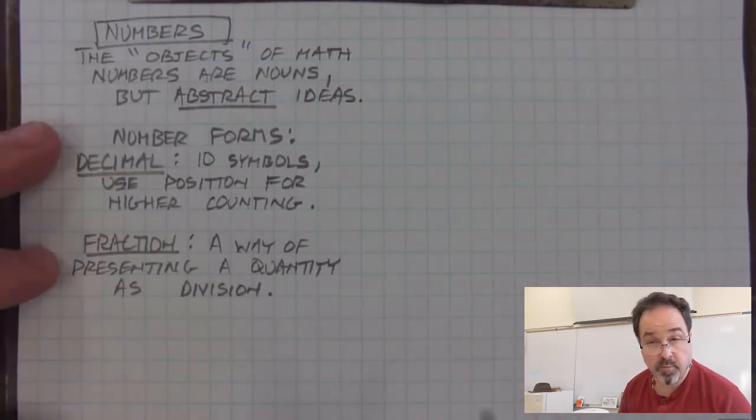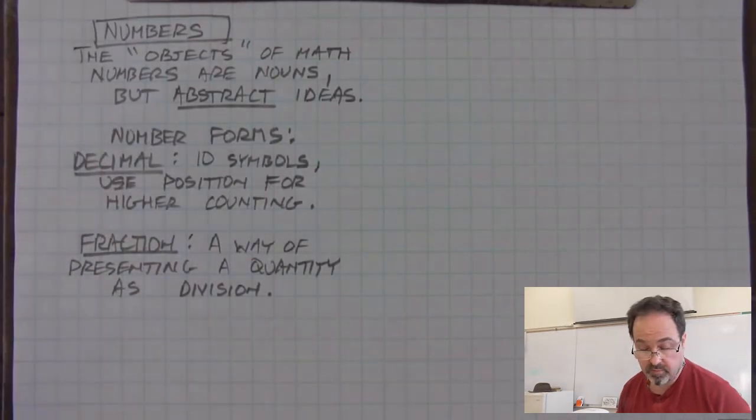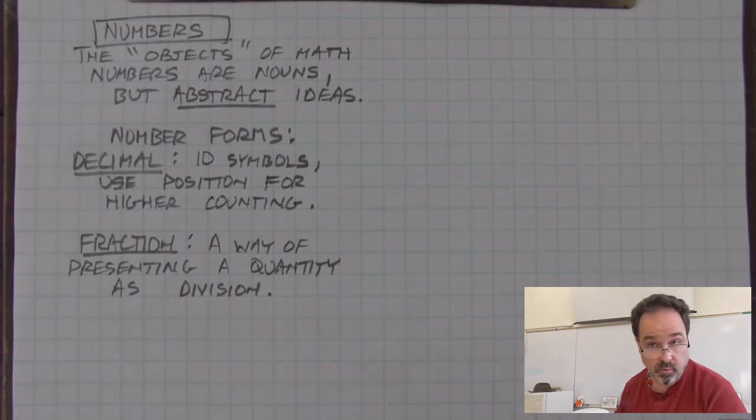These two are number forms because we can express a quantity in decimal, we can change it to a fraction form, or we can have a fraction and change it into a decimal form.